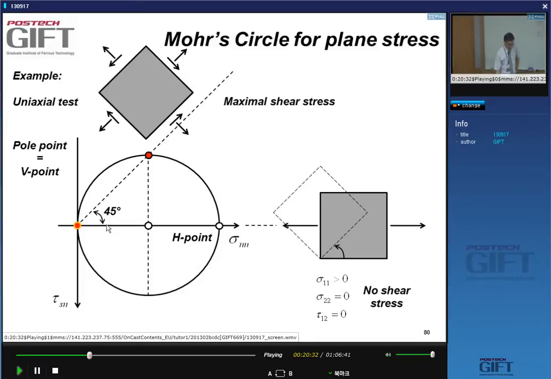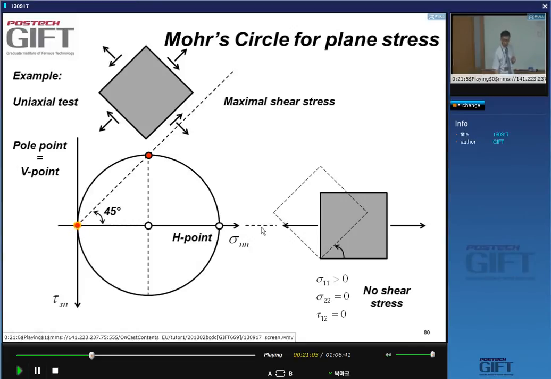Now I'm going to rotate this element and try to find at what angle I reach the maximum shear stress. Well, that means just tilting the cube. First, before I continue, the P point in this case is here, the same as the V point.